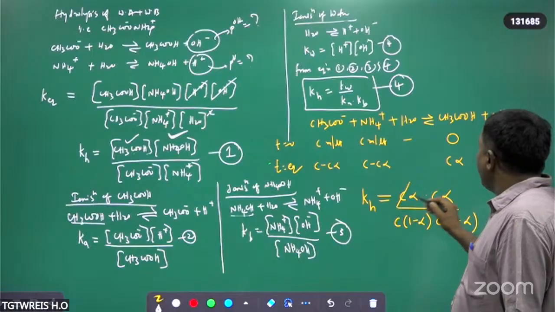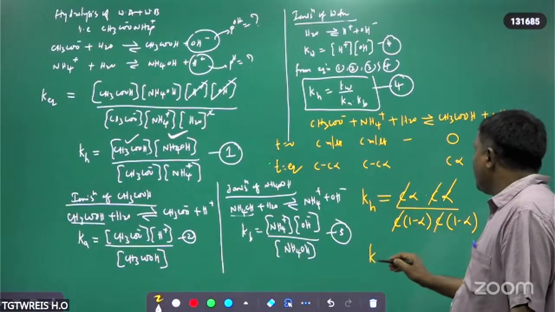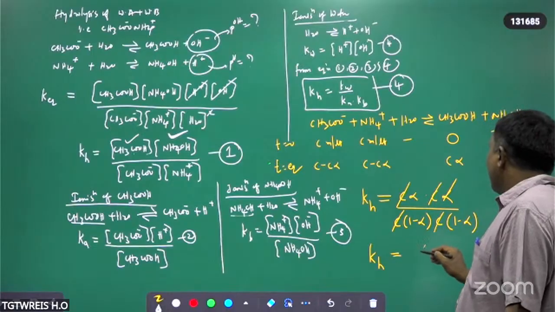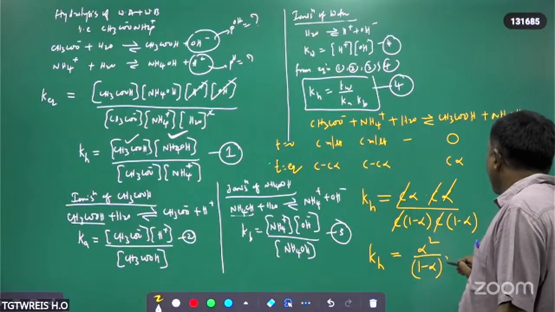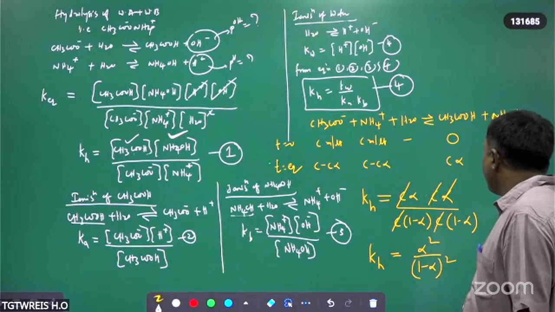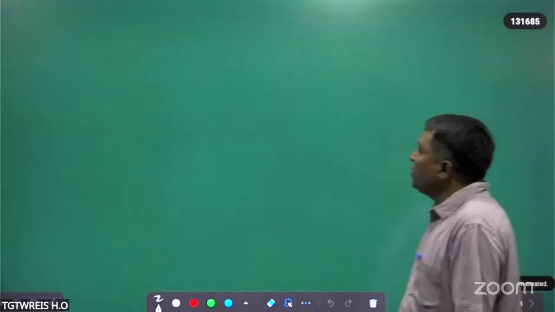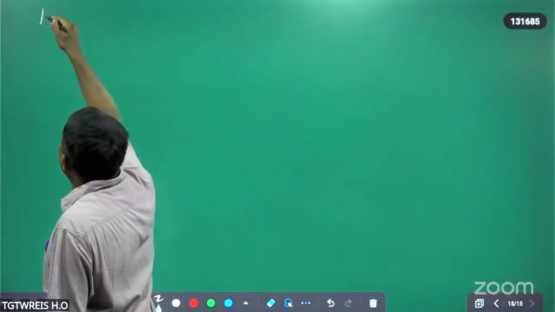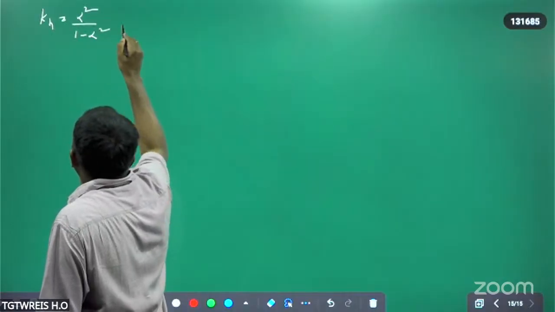So this C and this C cancel. Therefore, KH is equal to alpha square by 1 minus alpha whole square.